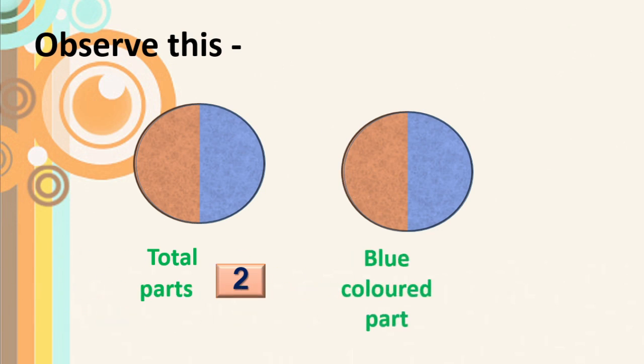This blue colored part is 1, correct? And it has one orange color part, isn't it? Okay, we will try to write this in the fractional form. You know now, half part is orange colored and half part is blue color. If we take into consideration only the blue part, how to write in maths in the fraction form, we will go through.